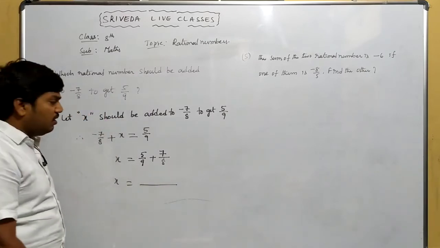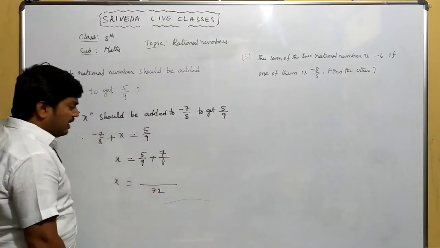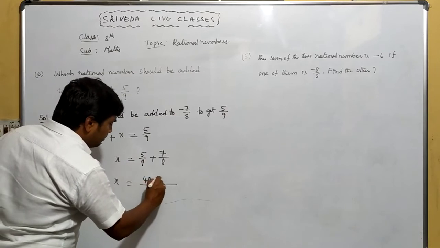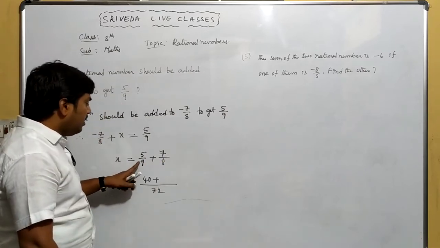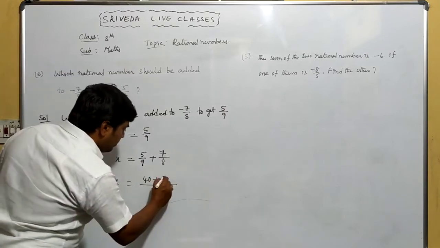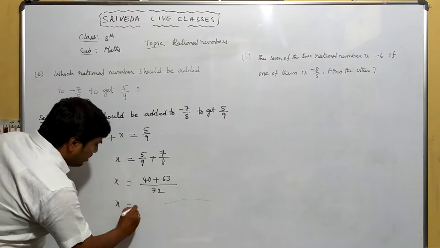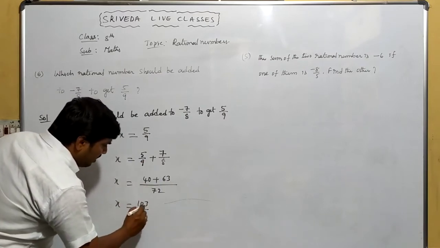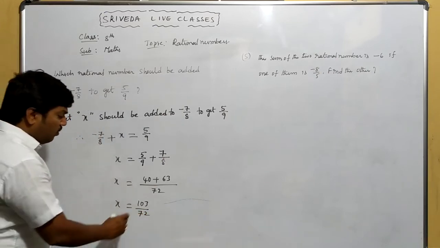So 9 8s are 72, 8 5s are 40, and 9 sevens are 63. X is equal to 40 plus 63, that is 103 by 72.